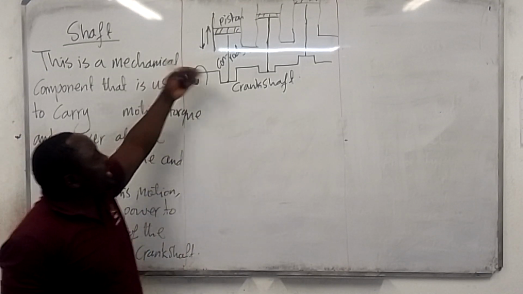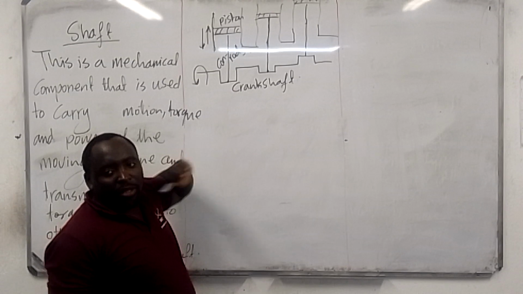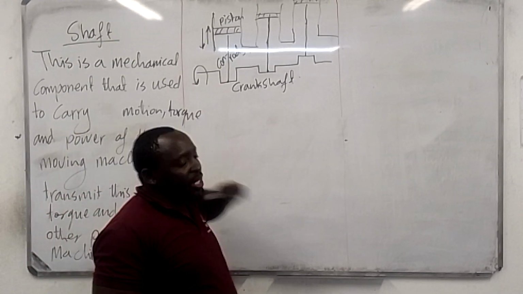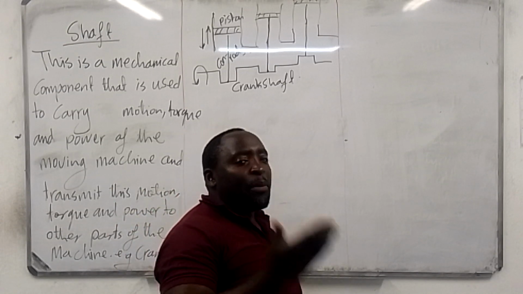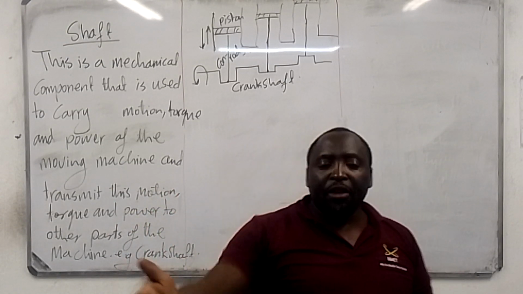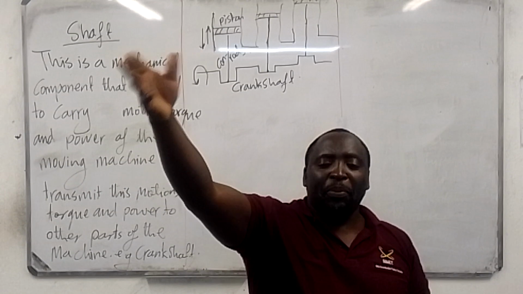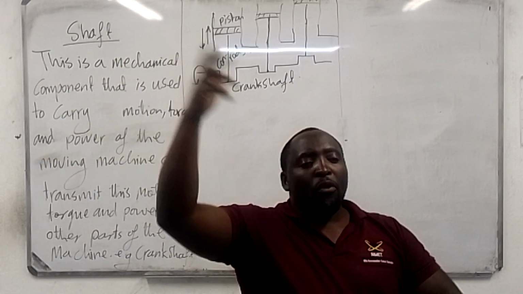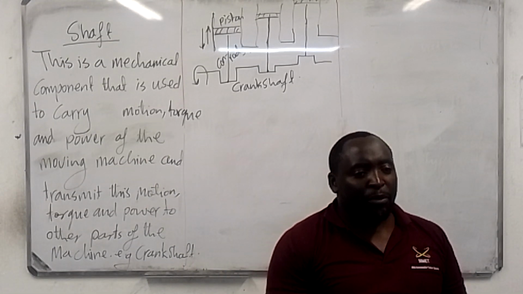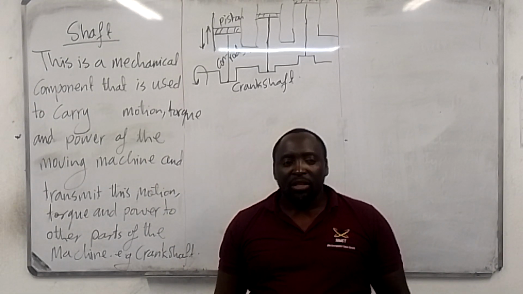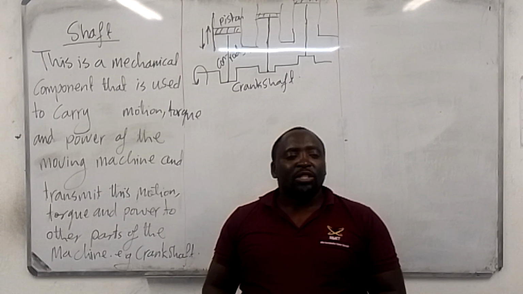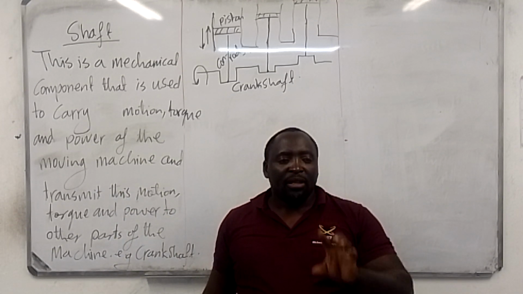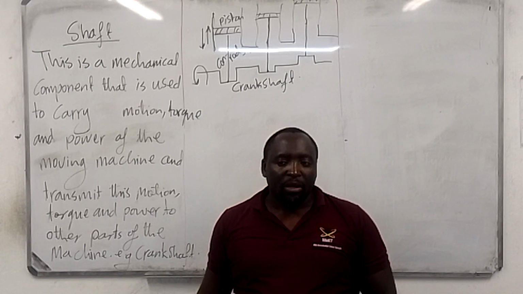So the crankshaft, what does it do? It carries the motion to make the engine operate. So it's a component, and it's passing the motion to the conrods, which pass the motion to the piston. But in return, the piston also will pass motion to the conrod, and the conrod passes the motion to the crankshaft, so that the operation takes place. So that is why we are defining it as the mechanical component that carries the motion.